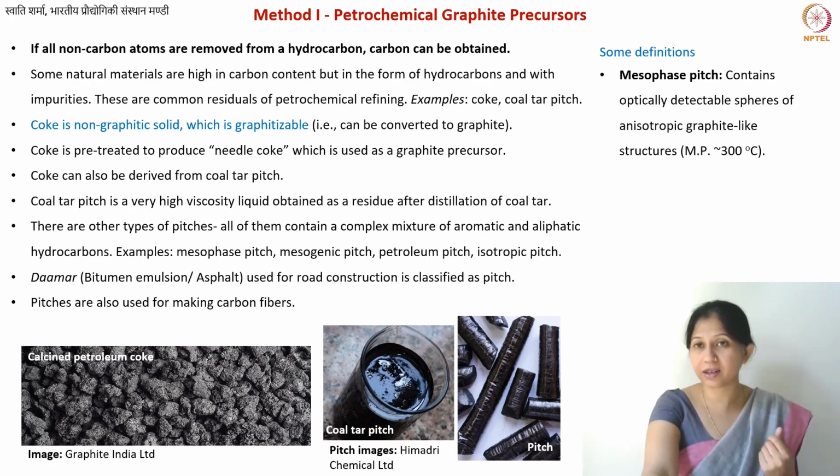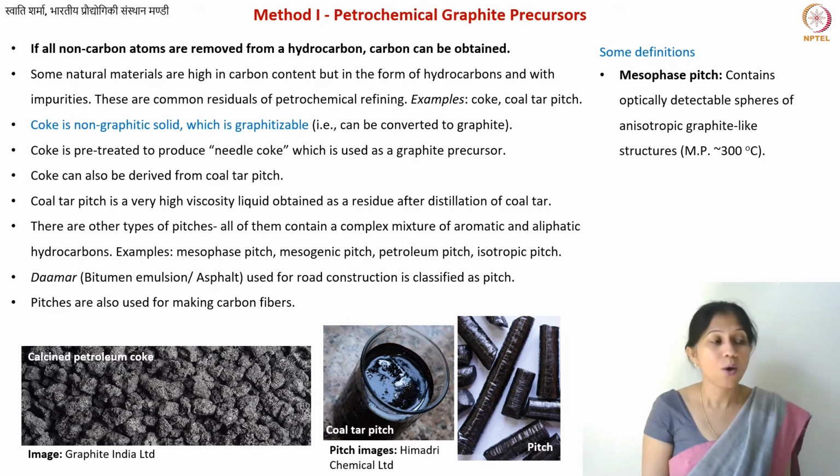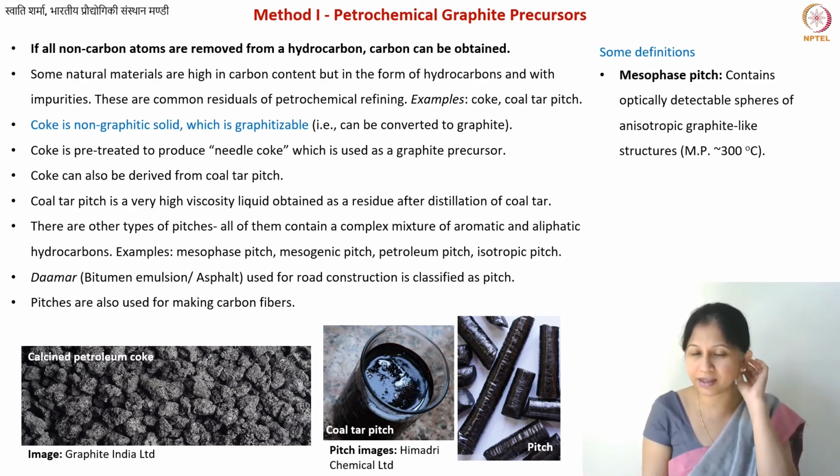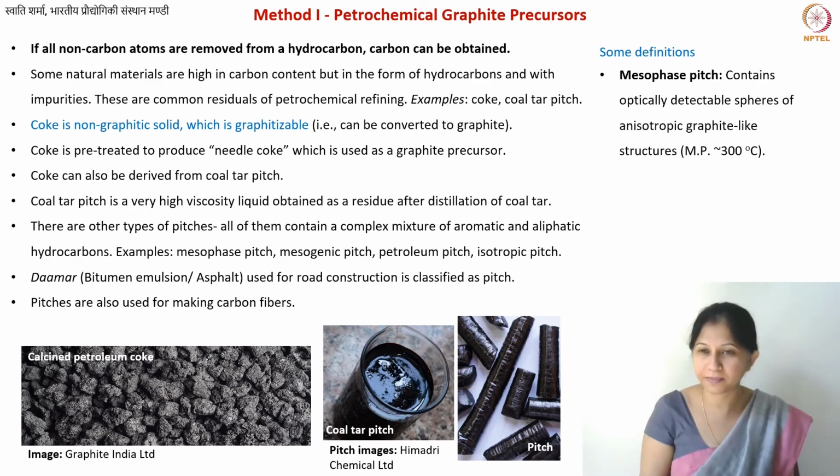So yeah, here is the definition of mesophase pitch, the one that we use for making graphite. Why? Because it has already certain graphite crystallites kind of floating in it. These are already anisotropic. That means they have this graphite-like structure, the layered structure.